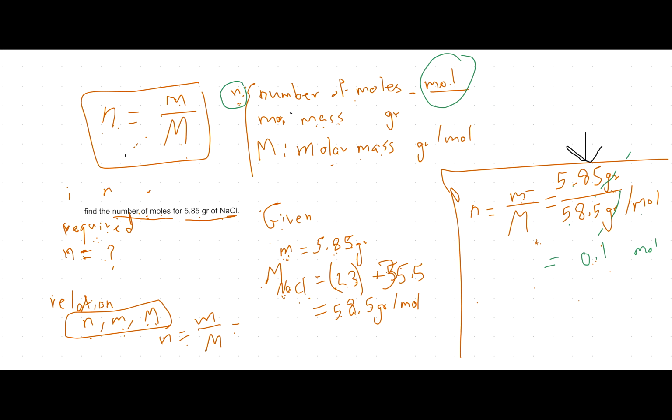Use the calculator. Because this is up and this is down, it's a fraction now. So I divide up by down to get a decimal number.